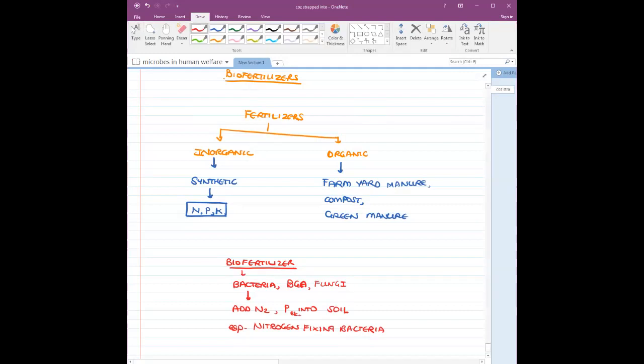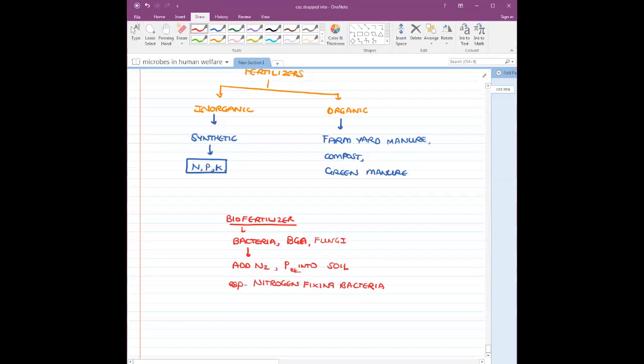Remember, these biofertilizers are going to be very cheap, easily available, and eco-friendly, so you don't have to really worry about polluting the environment.